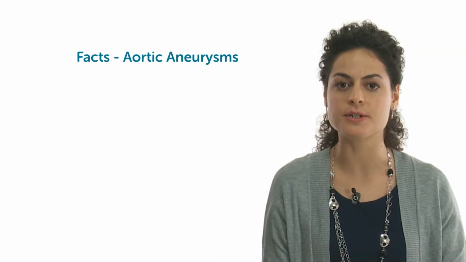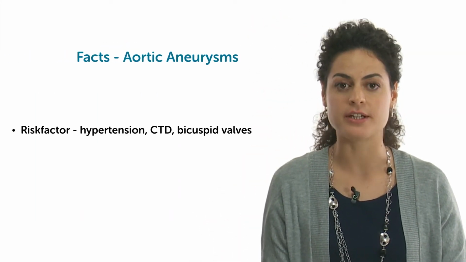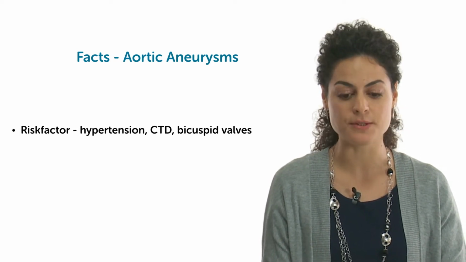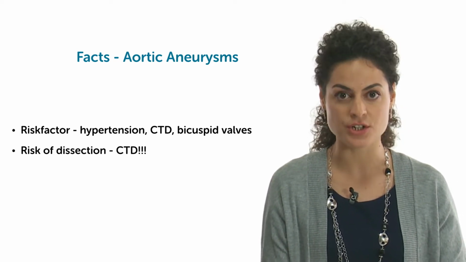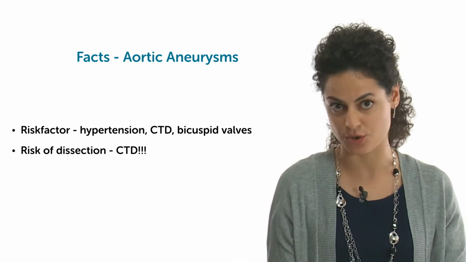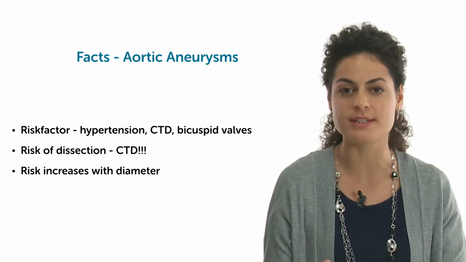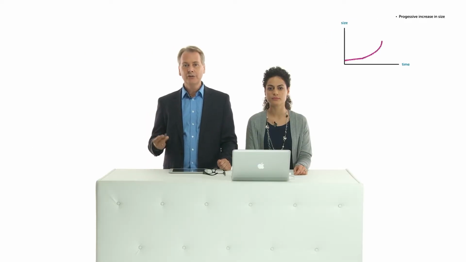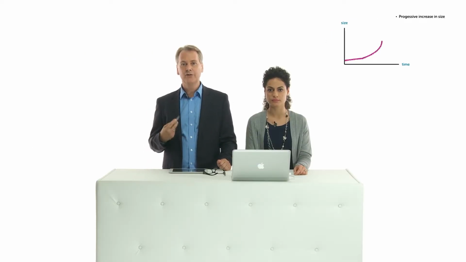And here are some facts about aortic aneurysms. The risk factors are hypertension, connective tissue disease, or bicuspid valves. And the risk of dissection is really high when it's related to connective tissue disease and increases with the diameter. Yes, and the diameter is very important because the increase in the dilatation of the aorta depends on how large the aorta is.